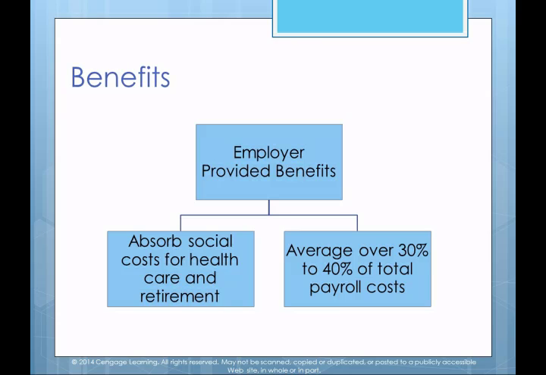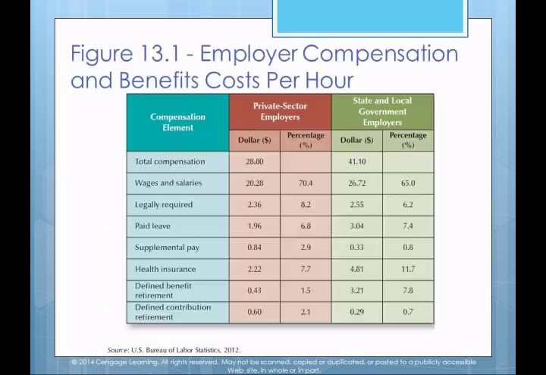And it absorbs social costs for health care and retirement. So benefits often include retirement plans, paid time off, health insurance, life and disability insurance, and many more. And benefits are not typically based on employee performance. Rather, they are provided to all employees who meet eligibility requirements.